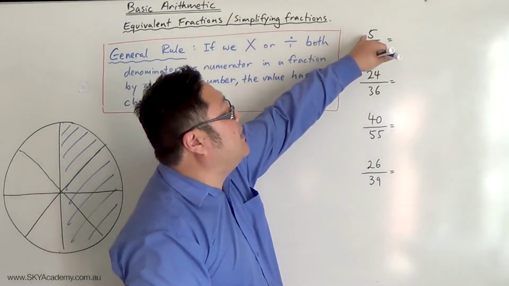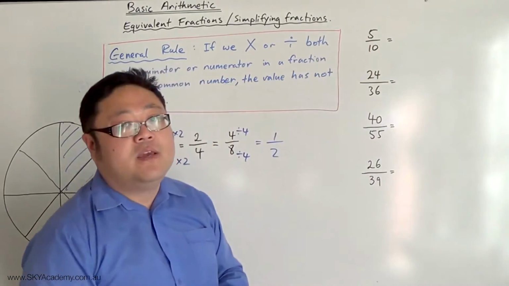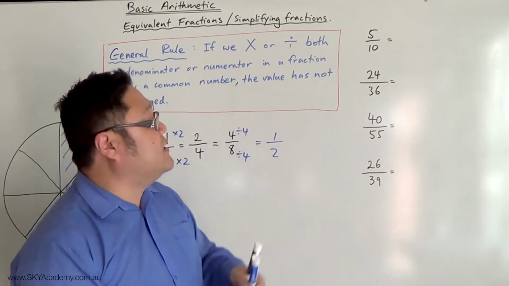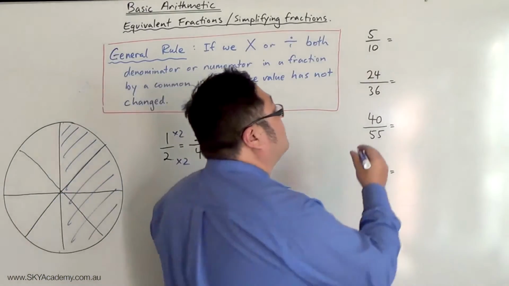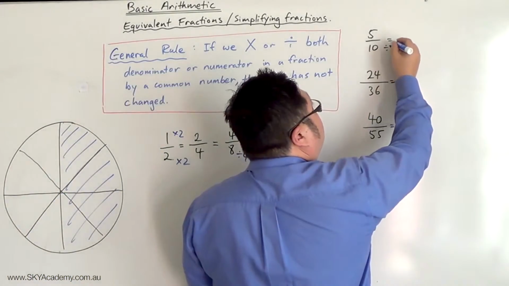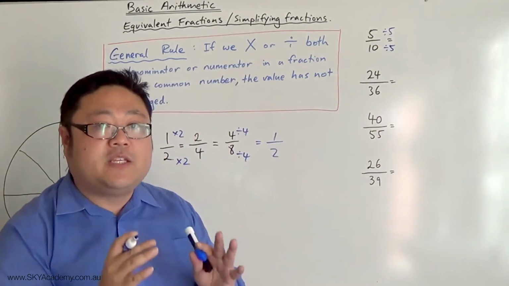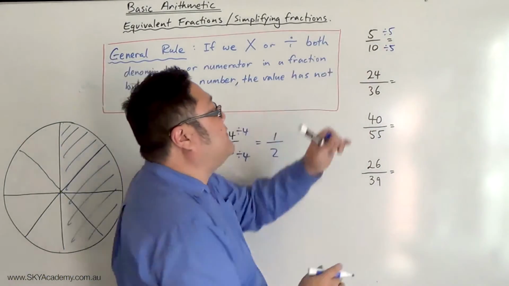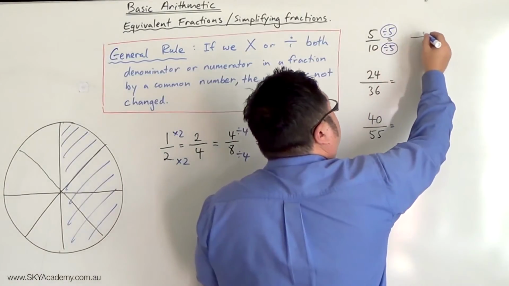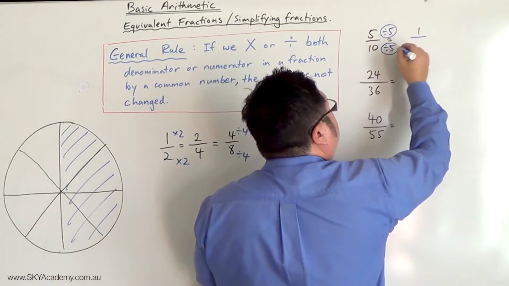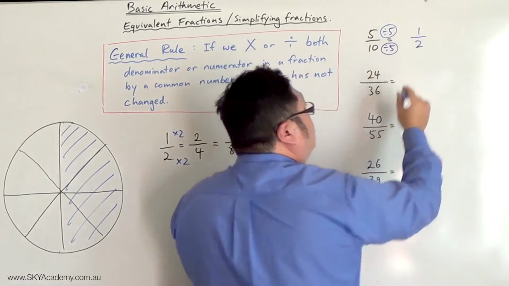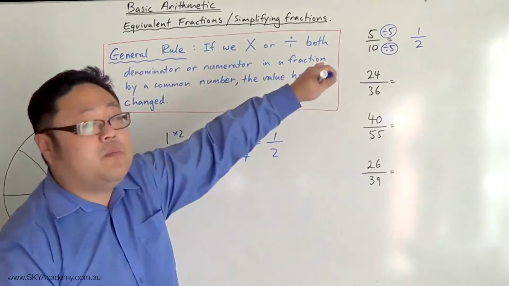So what number goes into both 5 and 10? The answer is 5. 5 goes into both 5 and 10, right? Which means that you can divide both top and bottom by 5, and you won't have changed the value of the fraction. 5/10 ends up being 5 divided by 5 is 1, 10 divided by 5 is 2. So 5/10 is equal to 1/2.